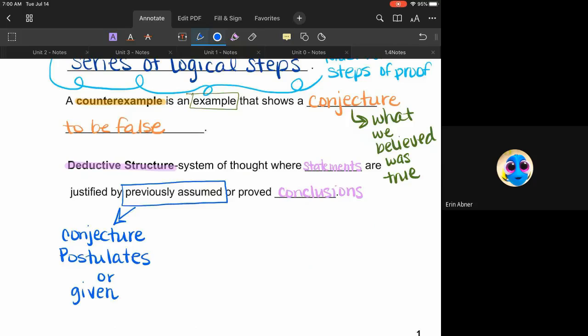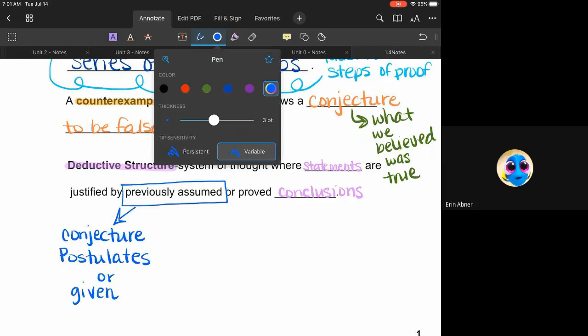Because it's given, we assume that it's true. So if you're doing deductive structure, you have to make sure that your statements were justified by something that was previously given. So you're looking at the step above, or the things that you proved.